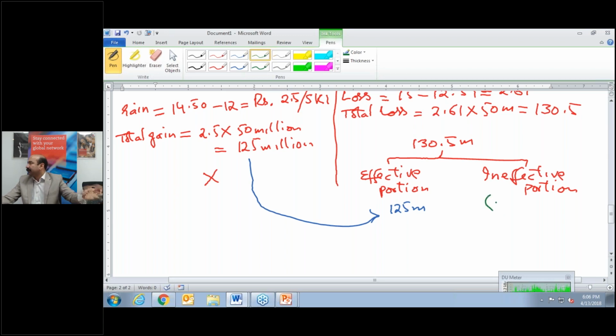So this will give us 5.5. So this is the ineffective portion, and this is the balancing figure.